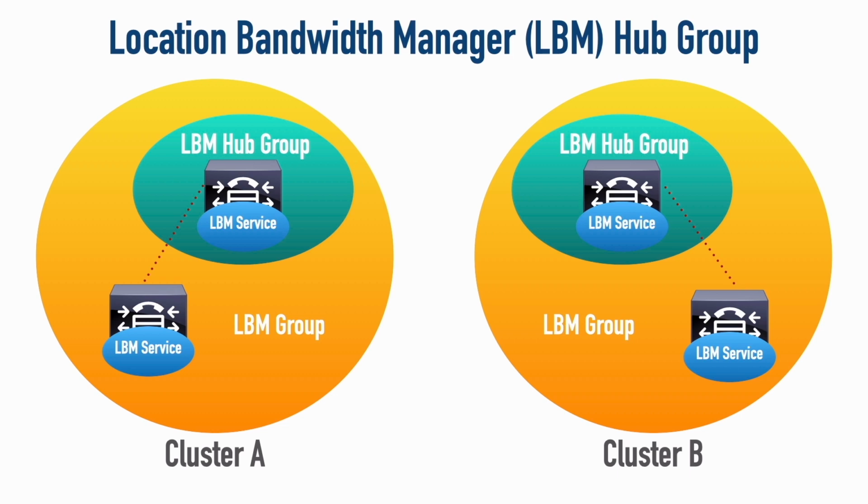Now, the function of a server in an LBM hub group is to talk to other servers in LBM hub groups. So we're going to have the server in the LBM hub group for cluster A form a SIP trunk with the LBM hub group in cluster B. And we can educate our locations configuration about that SIP trunk interconnecting our clusters.